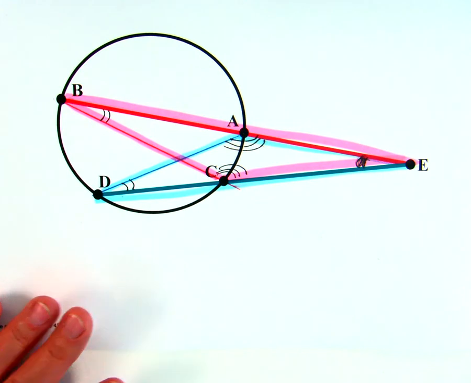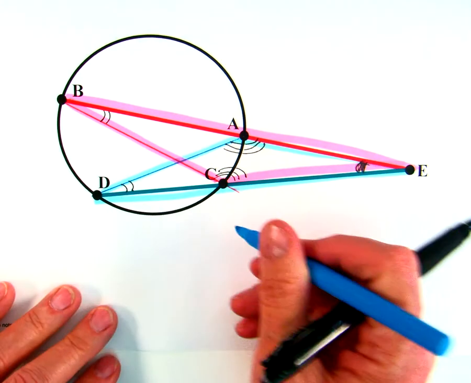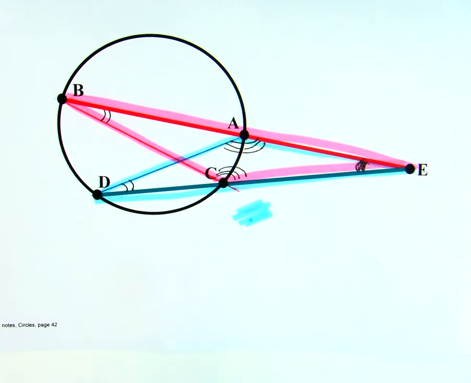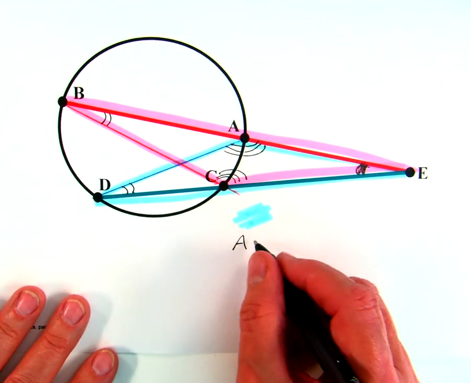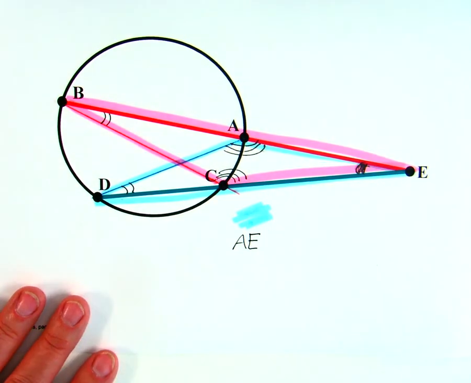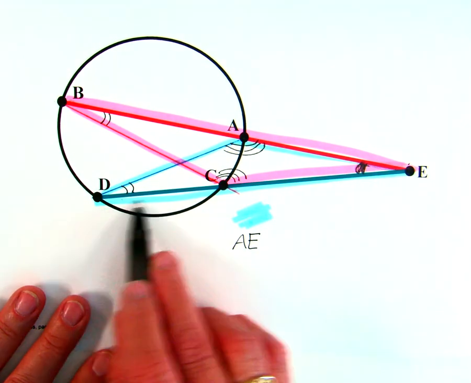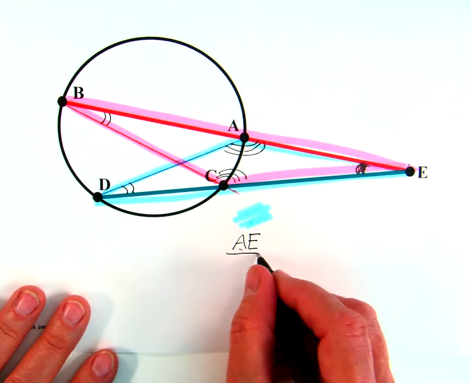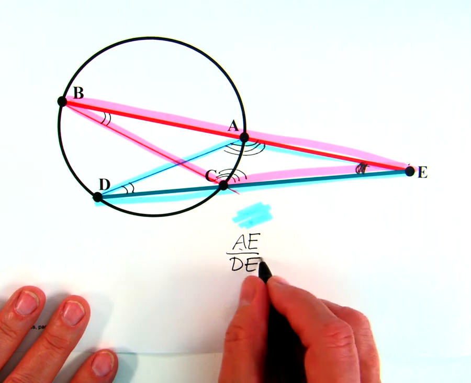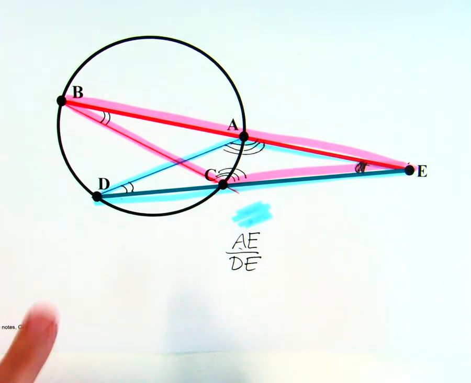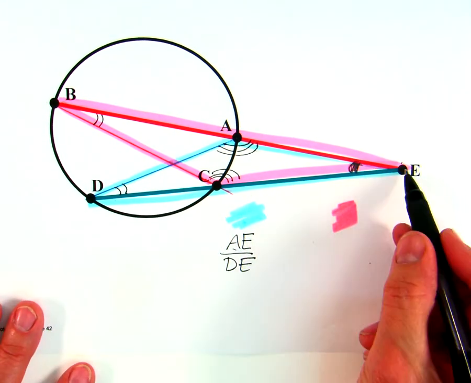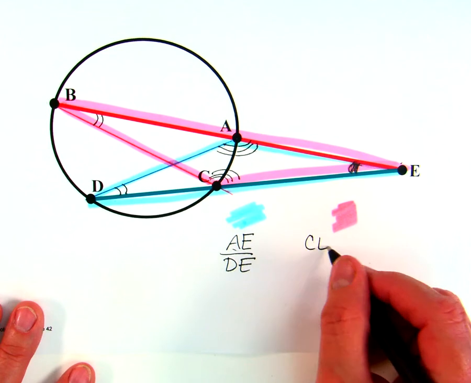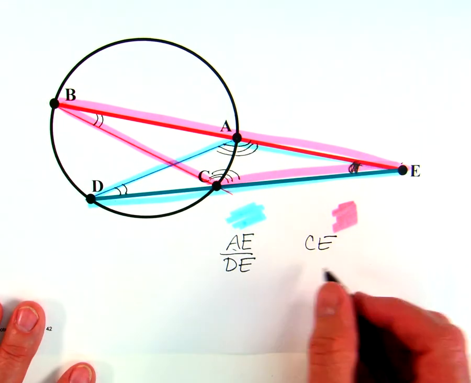For the blue triangle, that'll be side AE, the secant segment on the outside, A to E, and then the long one in the blue triangle is segment DE. In the pink triangle, the corresponding sides are outside the circle is CE, and the long one opposite is BE.